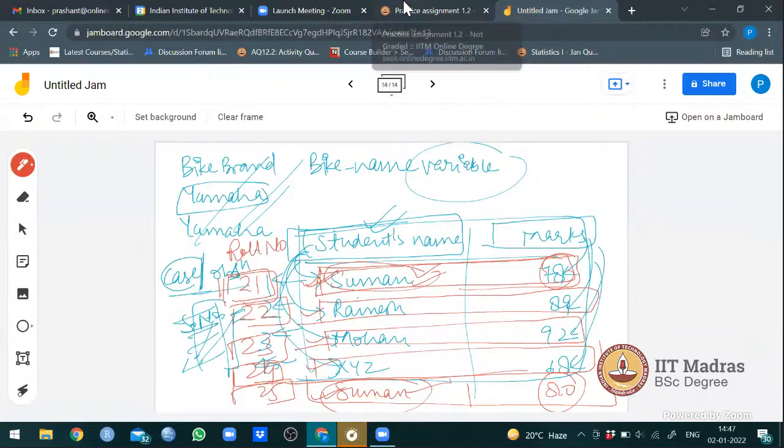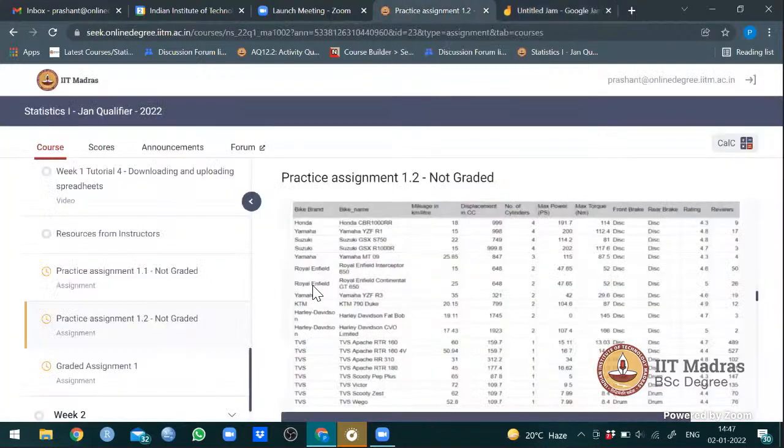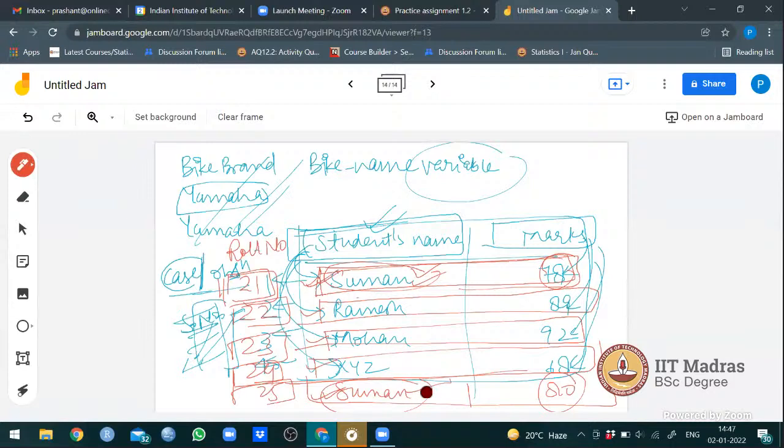Cases should be unique, and all values under the variable student name will also not be cases. Neither Ramesh, nor Mohan, nor XYZ.